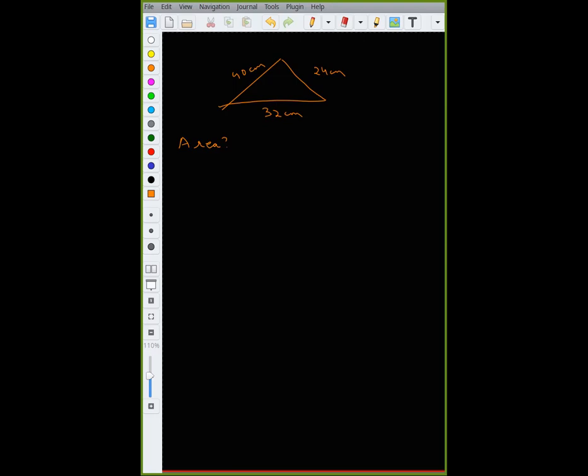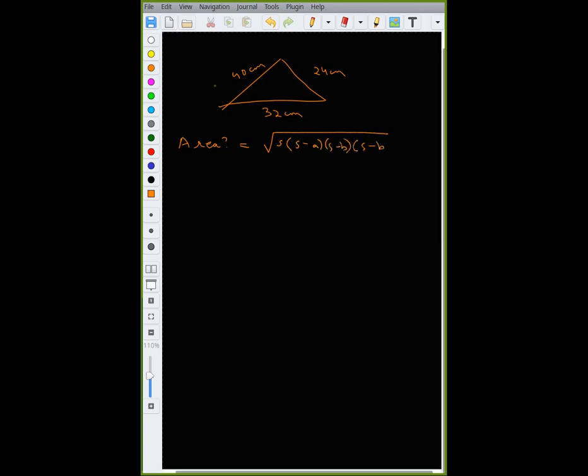Arpita, try. Okay, I've already shown you the steps. Try it once. I will be solving it on the board, but I wanted you to try on your own first. So you know the area formula is the whole root of s into s minus a, s minus b, s minus c. So you take this as a, this as b, and this as c maybe, right?